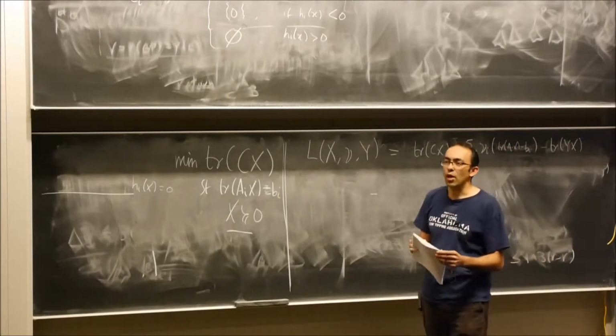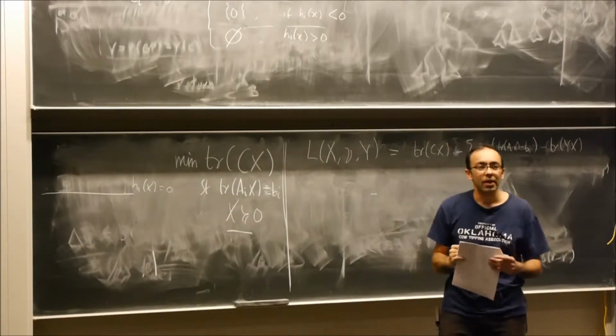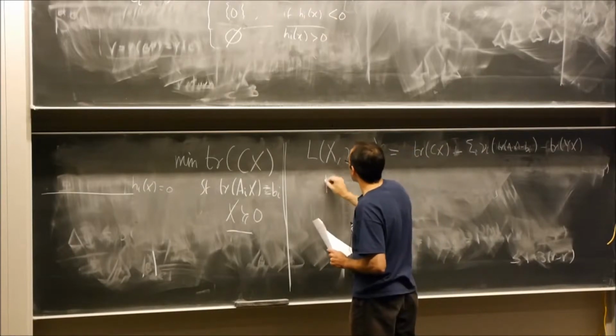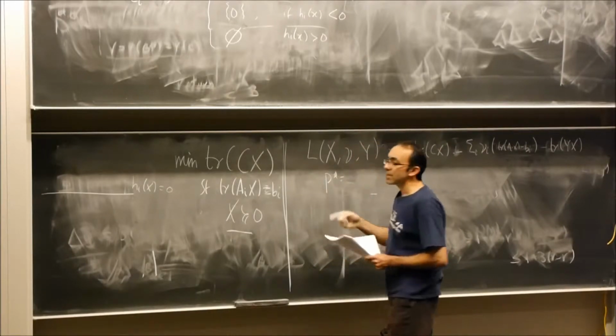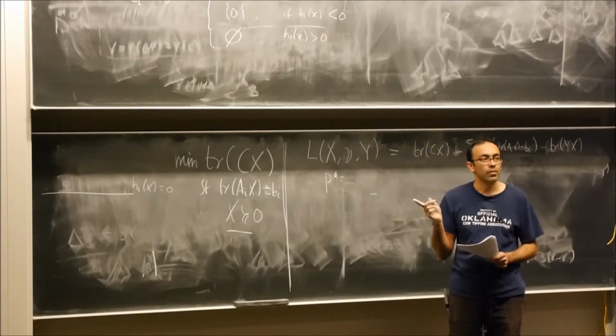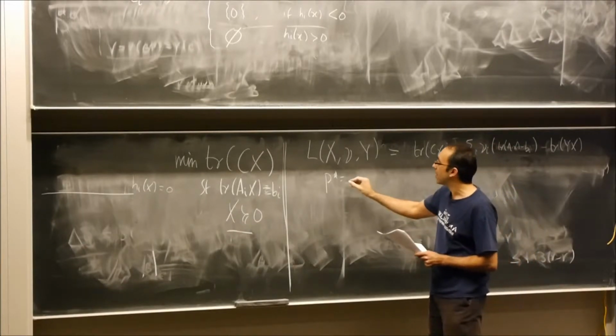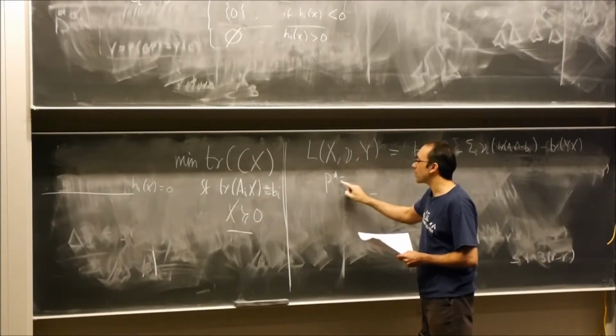So the reason we are using that, first, suppose P star is the primal optimal value, right?